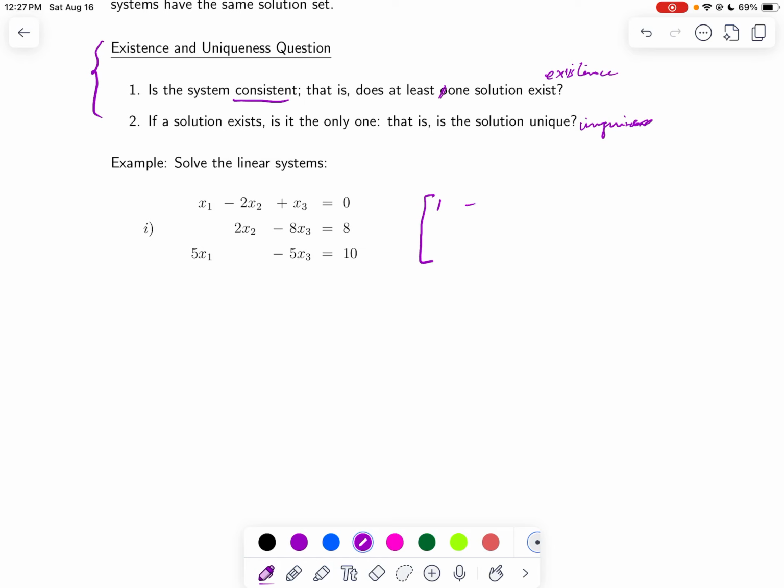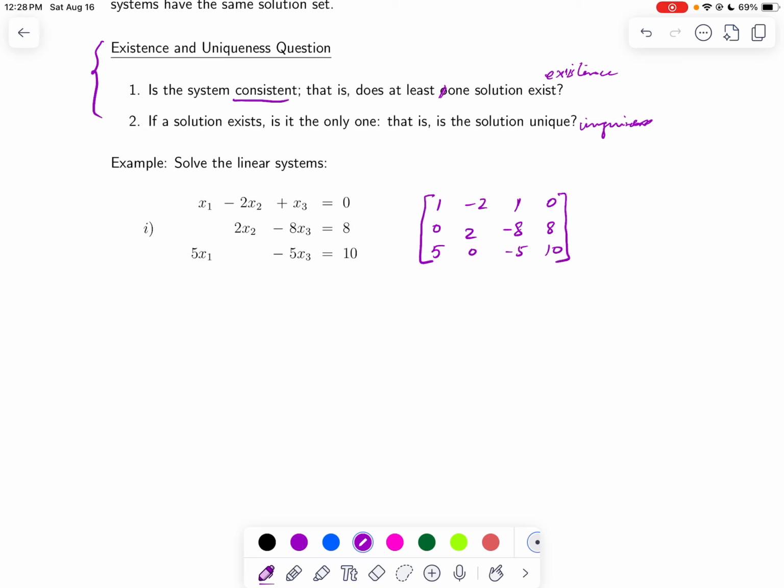The first row will be 1, -2, 1, 0. Then the next rows: 2, -8, 8, and then 5, 0, -5, and 10 here. And what comes here? 0, because the term is missing.